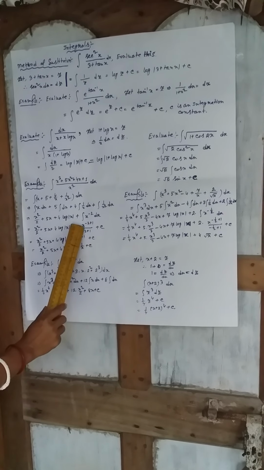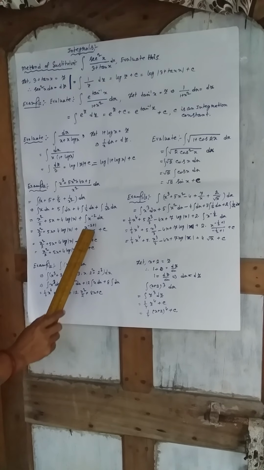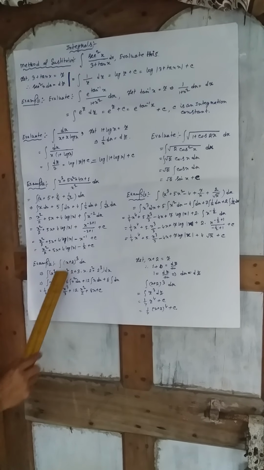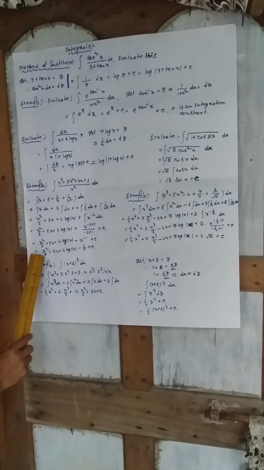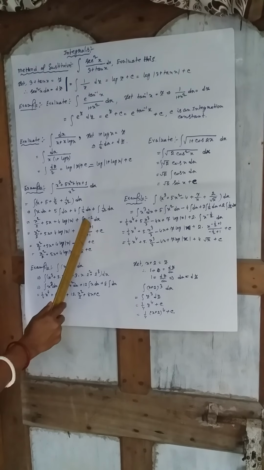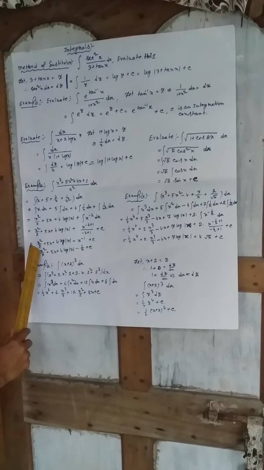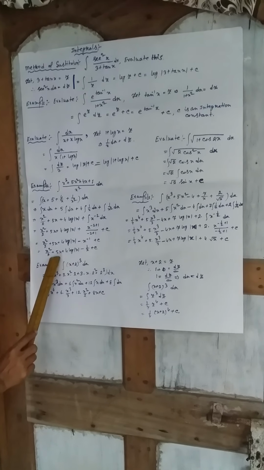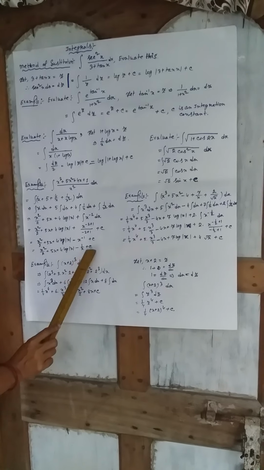Now the formula is x to the power n plus 1 by n plus 1, that is x to the power minus 2 plus 1 by minus 2 plus 1, and after doing this we get the result. Now the final result is x square by 2 plus 5x plus 4 log x minus 1 by x plus c.